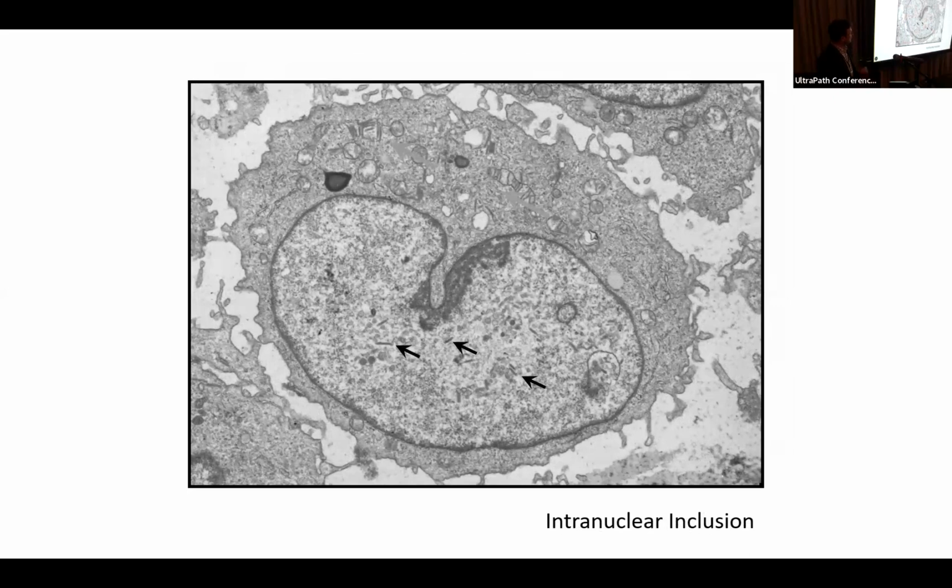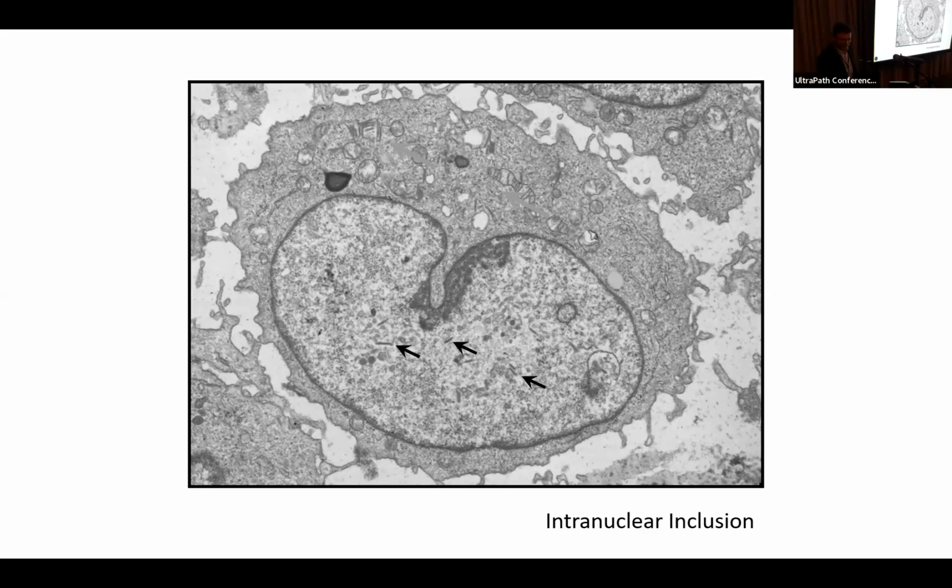But it does happen sometimes that you can find other things in the nucleus that really shouldn't be there. Here you have another Langerhans cell type histiocyte, which can be observed. There's Birbeck granules in the cytoplasm of that cell, but it's also a bit unusual that those arrows are pointing to Birbeck granules within the nucleus of the cell, and that just doesn't really make sense.